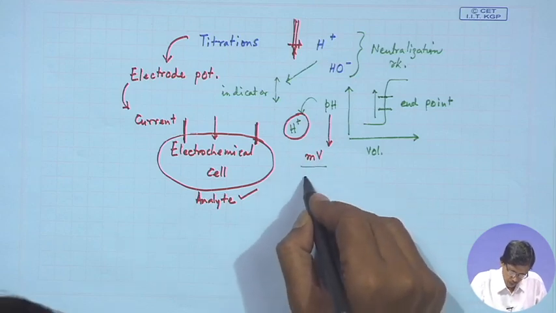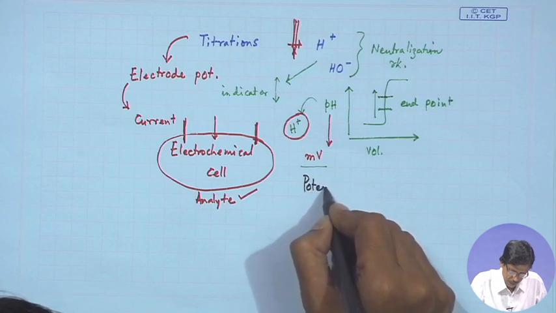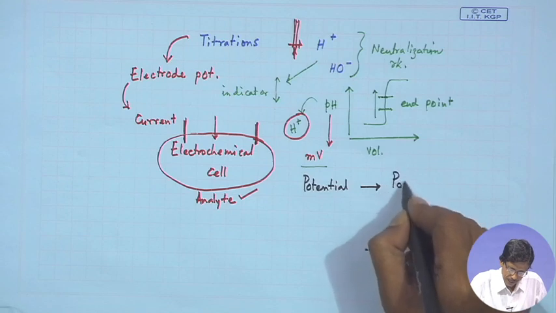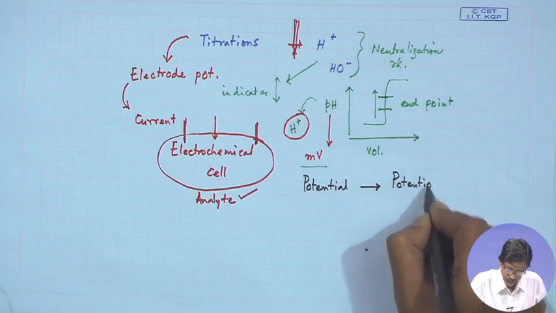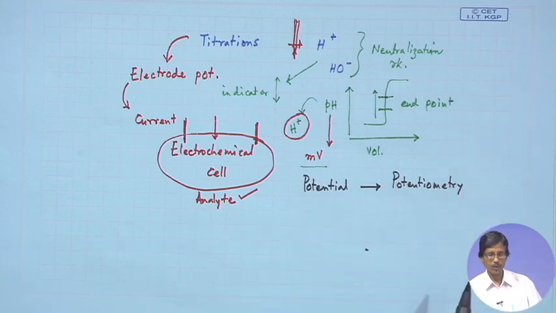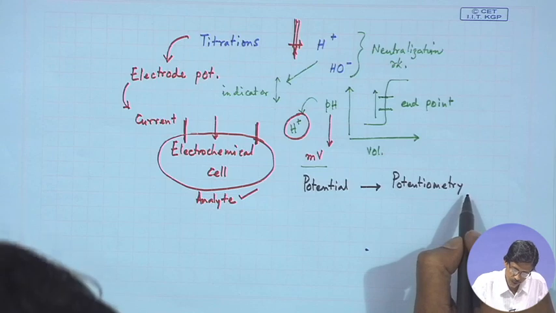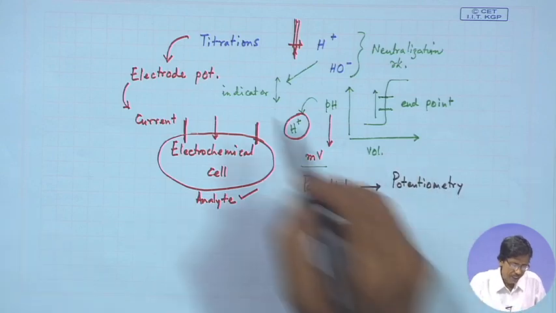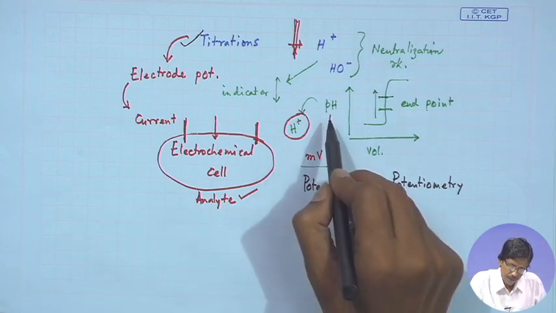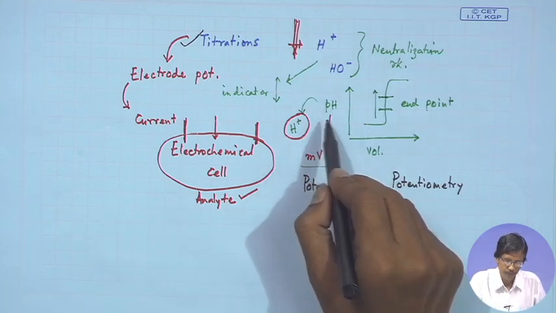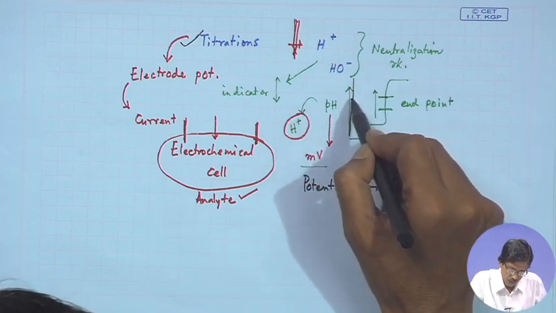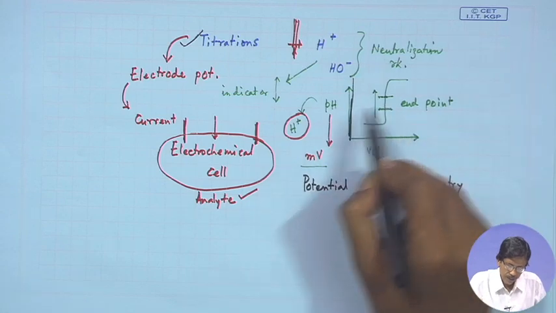Once we measure this potential, we get a technique which can be termed potentiometry. We all know the potentiometer. So, this will be immediately termed the corresponding potentiometric titrations. And since we have the pH, without using any instrument or meter for your analysis, it is the corresponding color change.